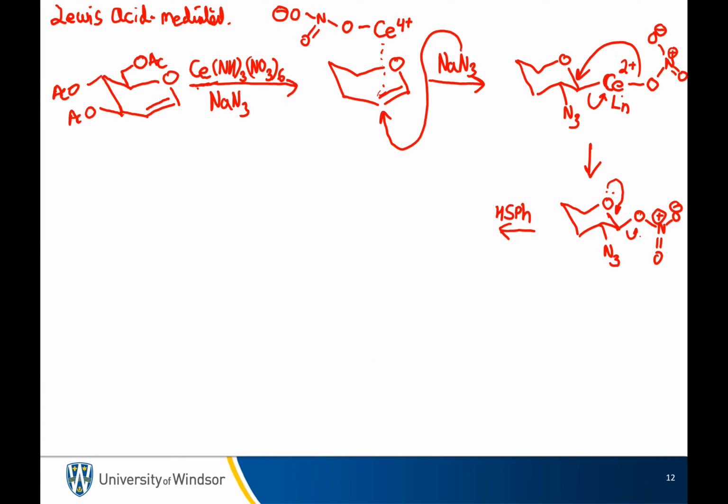You can't kick out a beta group, it needs a twist boat, so it's the axial, and so you can expel, it is constantly in equilibrium with the oxocarbenium. So it doesn't take much for a nucleophile to come in and attack.